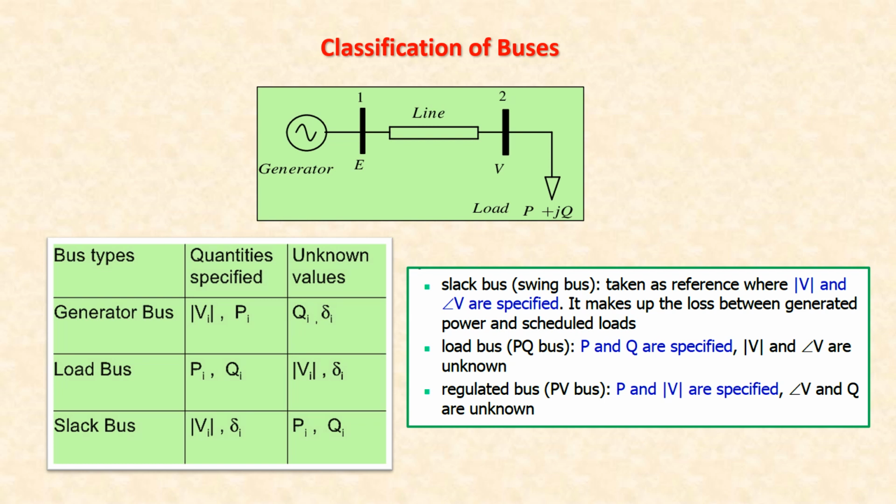At this bus the specified quantities are Vi and delta i, and the unknown quantities are Pi and Qi. Usually this bus is numbered 1 for the load flow studies, and it sets the angular reference for all other buses. When we solve the load flow studies, we usually take the angle of this bus as 0 degrees.